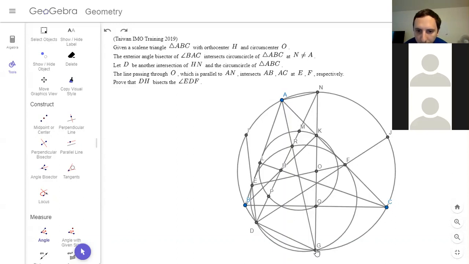Okay, so we want to show DGEF is cyclic. That's the same as saying 180 minus GDC is GFC, which is the same as saying 180 minus GDE is GEB.